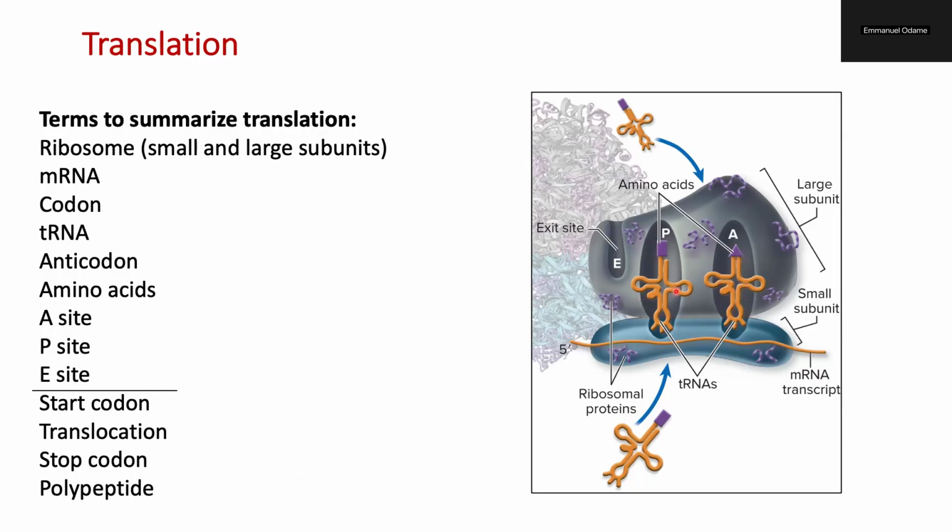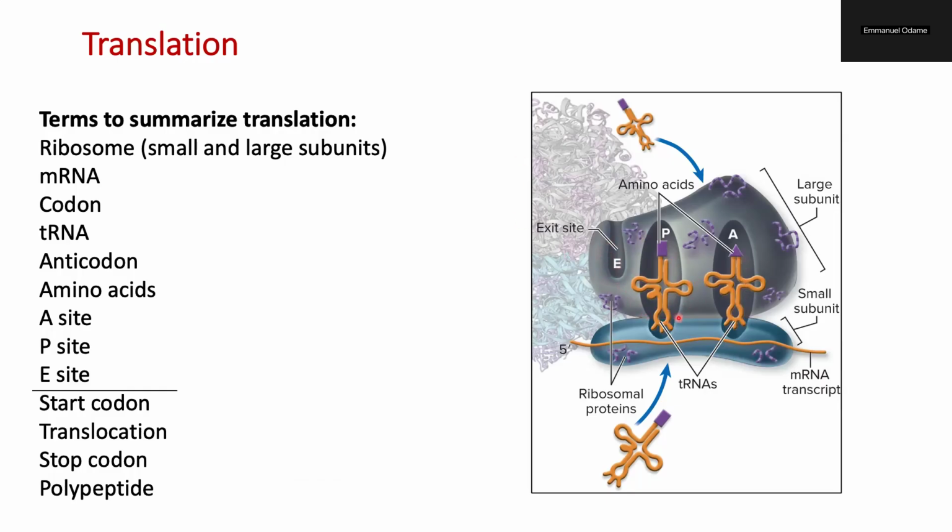When it moves to the P site, the amino acid already present is added to what is on the P site, and then the one on the E site exits.